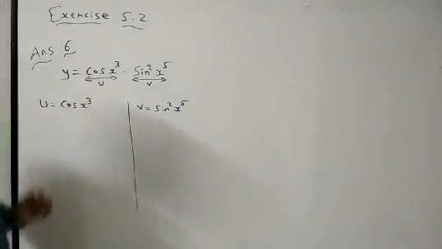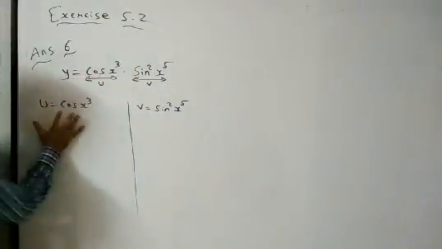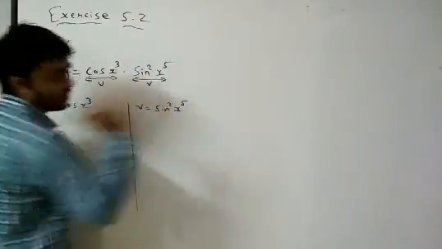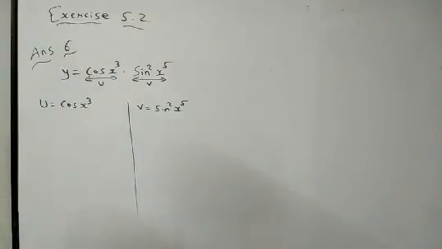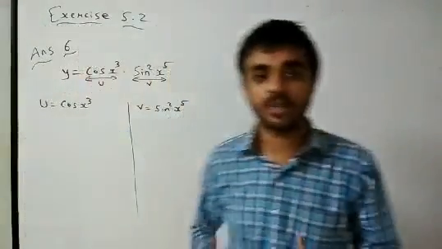Listen, what we have done: this is one particular function, so let it be u. This is also one particular function, so let it be v. Now we have two functions in front of us that are multiplied. So we know that it is a product rule, right? Product rule.